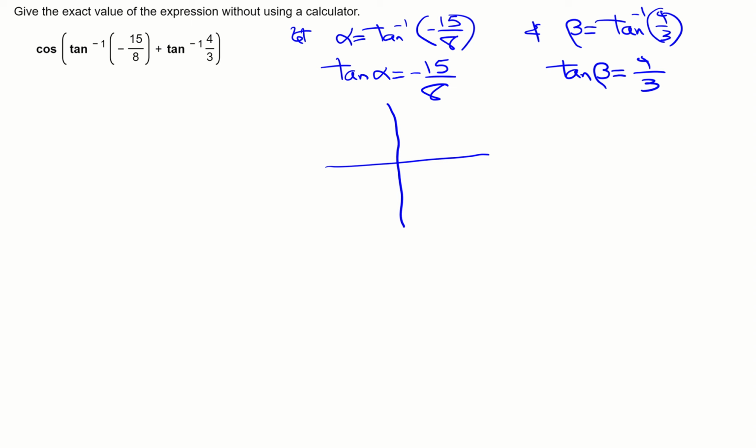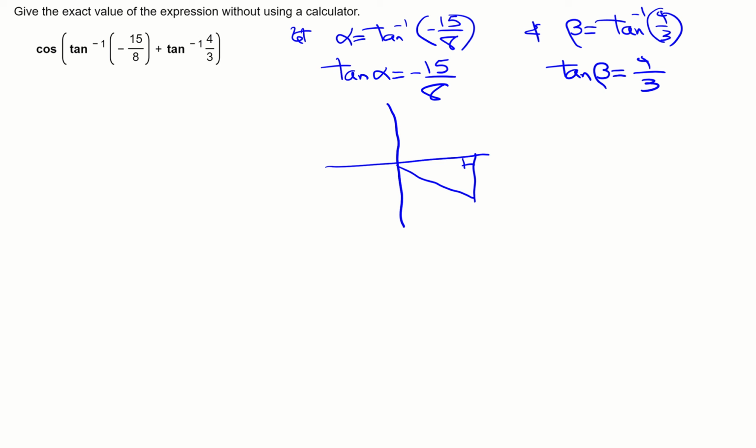For alpha, we know that if tangent is negative, for inverse tangent we look between negative pi over 2 and pi over 2. So we're looking for some angle in the fourth quadrant, and we're going to set up alpha so that the side opposite over adjacent will give us negative 15 over 8.